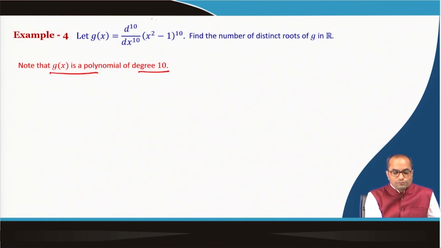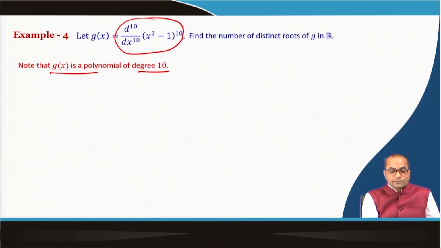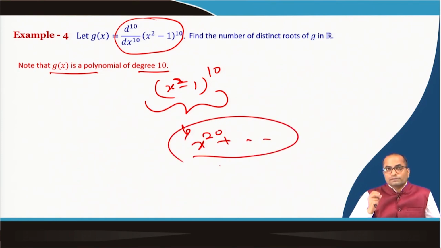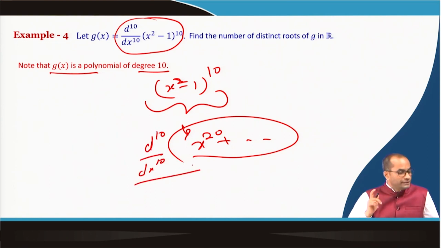First of all, we have to observe this, because we are taking the 10th derivative of (x^2 - 1)^10. So this is a polynomial first of all of degree 20, x^20 will be the highest term and then the other terms will come. If we take the 10th derivative of this, at the end we will get a polynomial of degree 10.